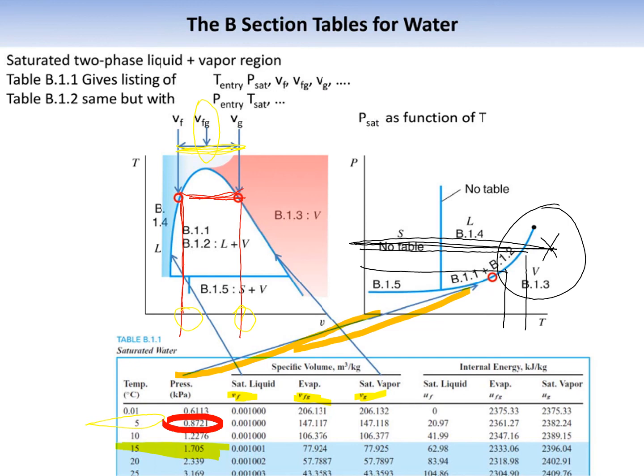If the temperature is greater, it will be in this region. If the temperature is lower, it will be in this region. And if the temperature is much lower, then it will be solid instead of liquid. So this is how we interpret our diagrams in terms of our thermodynamic tables.